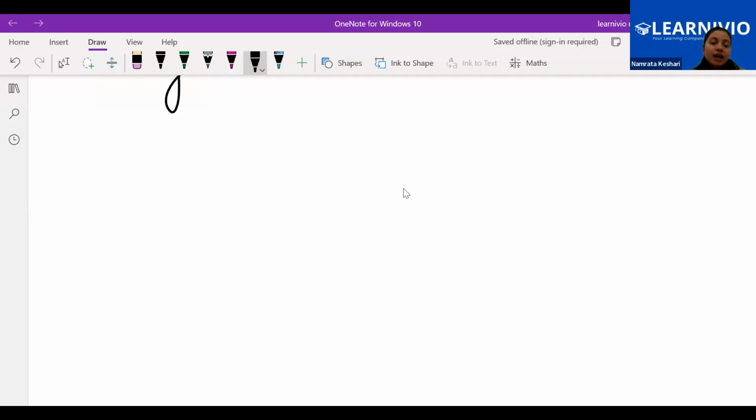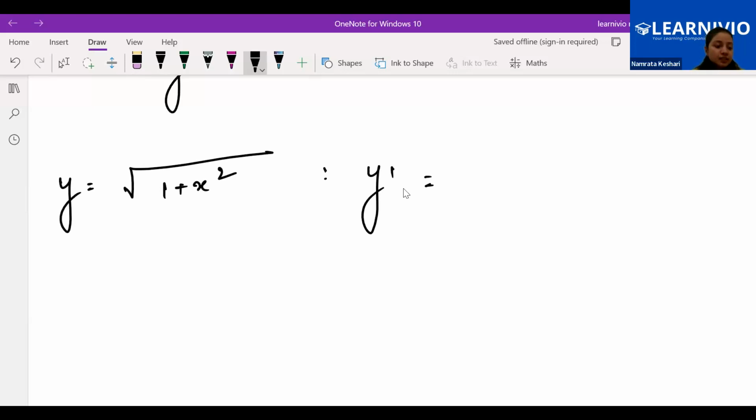Next one, if we are having y is equal to under root 1 plus x square, and here it's given that y dash is equal to xy by 1 plus x square.